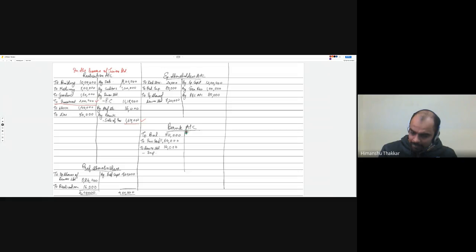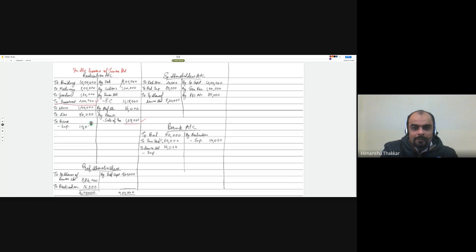By realization, the expenses you will pay, the money that you got from Senior Limited, you have to actually pay as expense. So that is 14,000. And to bank, expenses 14,000. Okay, so that's it.